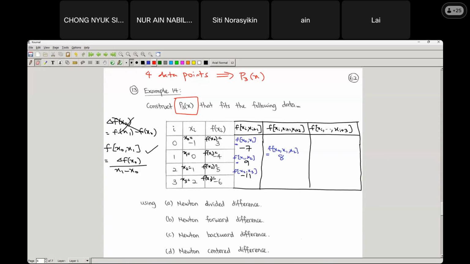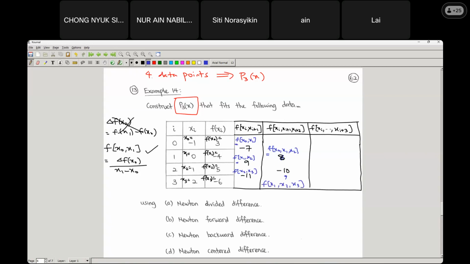So this is my -10. And this value is represented by f[x1, x2, x3].